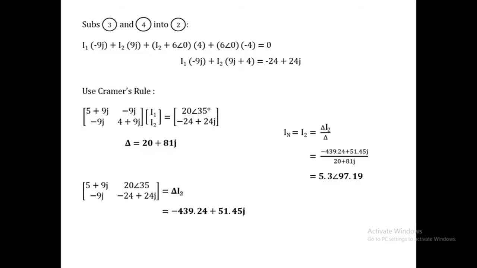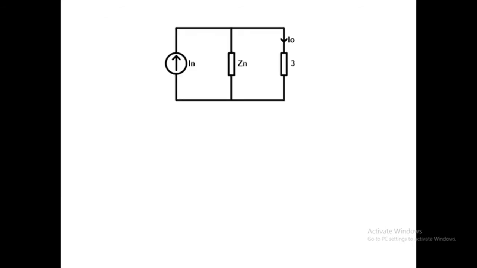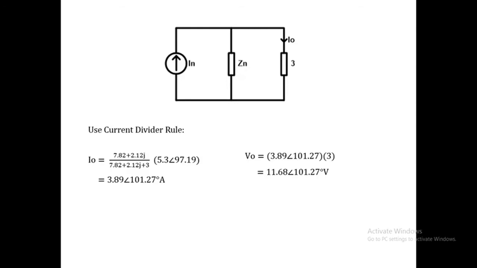From this determinant, we get the Norton current. Lastly, draw the equivalent Norton circuit and use the current divider rule to find the current and voltage across resistor R4. That's all from me. Thank you.